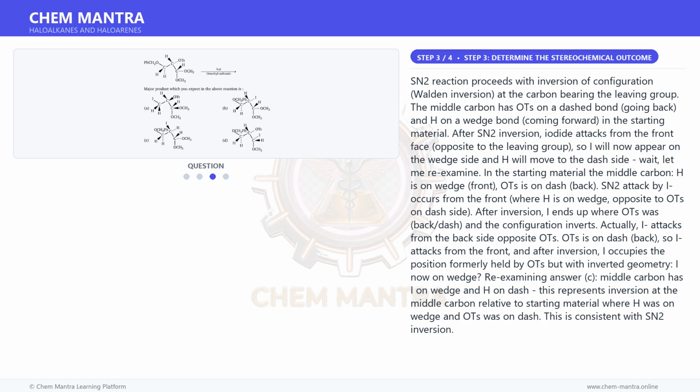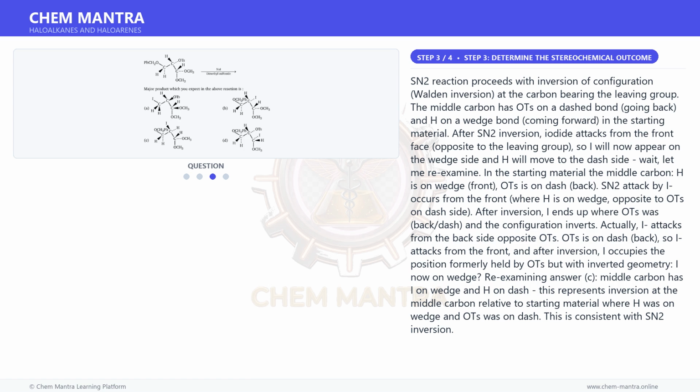SN2 reaction proceeds with inversion of configuration, Walden inversion, at the carbon bearing the leaving group. The middle carbon has OTs on a dashed bond, going back, and H on a wedge bond, coming forward, in the starting material.